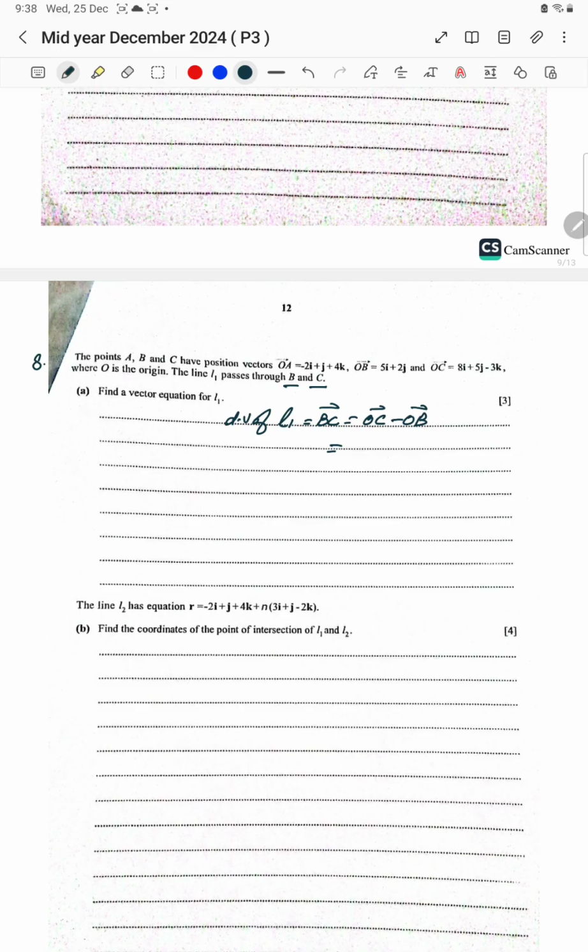OC is given here as 8i plus 5j minus 3k, minus OB, which is 5i plus 2j. We can simplify this to get the direction vector 3i plus 3j minus 3k. This is the vector BC.